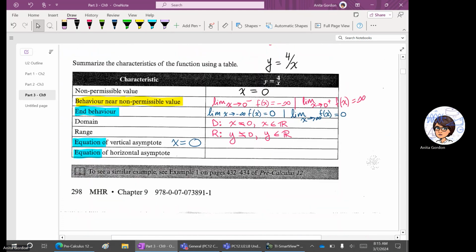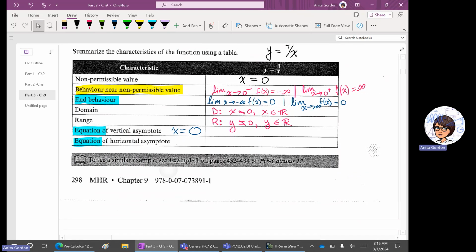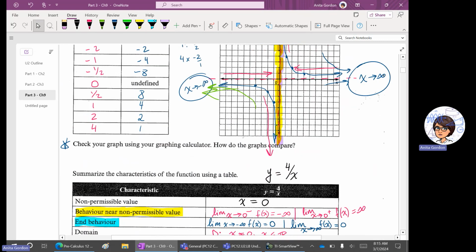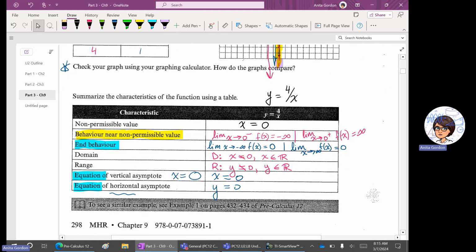So when we write a vertical asymptote, we're saying x equals 0. The horizontal asymptote is y equals 0. Again, because x now can be any value, but the y value for the horizontal line is always 0. So this is our summary for this particular graph.